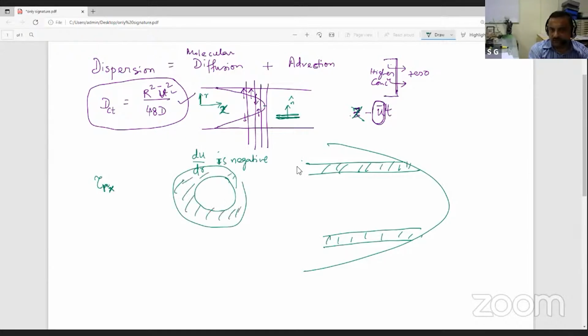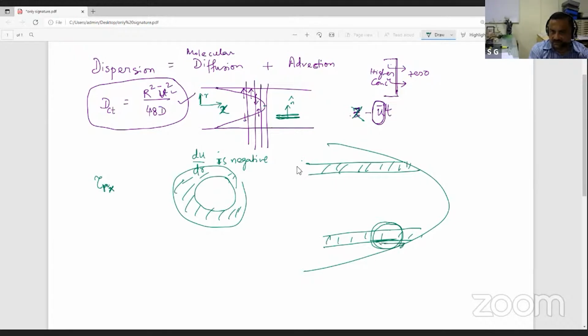So now I'm focusing on this part. I'm picking up a differential element here, and then I'm trying to find out the tau that is acting. The upper plate is imposing a shear stress on the lower plane in this direction.